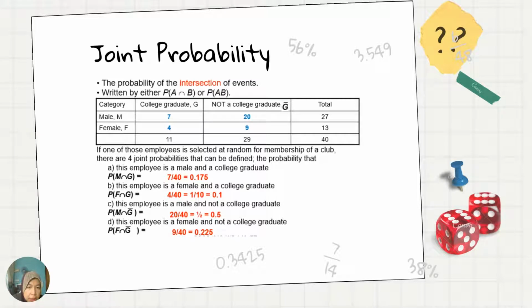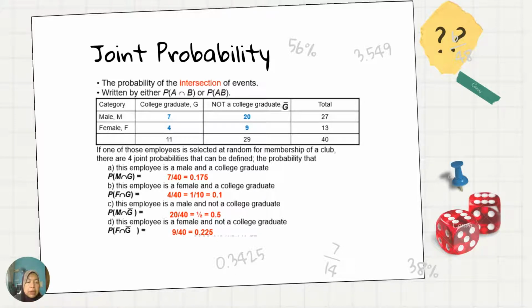Alright, so you can see here all these probabilities are joint probabilities. Let's say here M refers to male and G refers to college graduate. If one of these employees is selected at random for membership of a club, there are 4 joint probabilities that can be defined. So the probability that this employee is a male and college graduate, we take male and college graduate, 7/40.